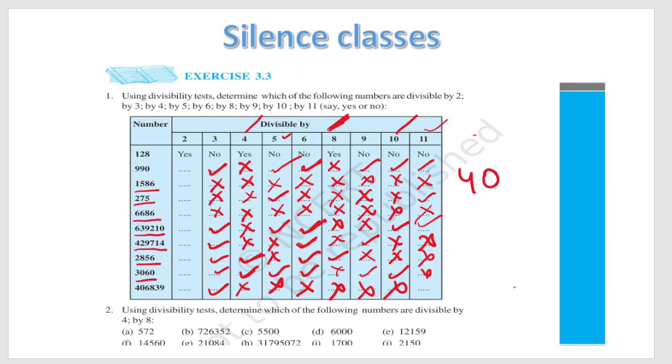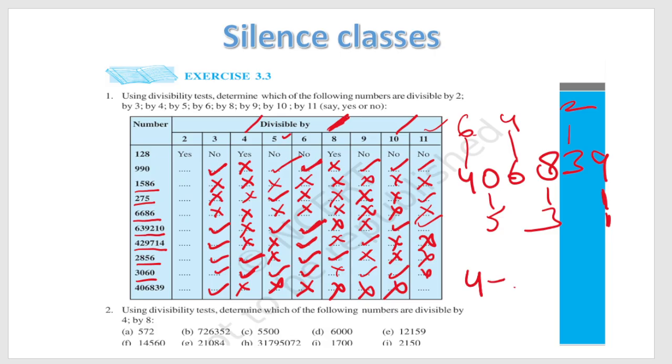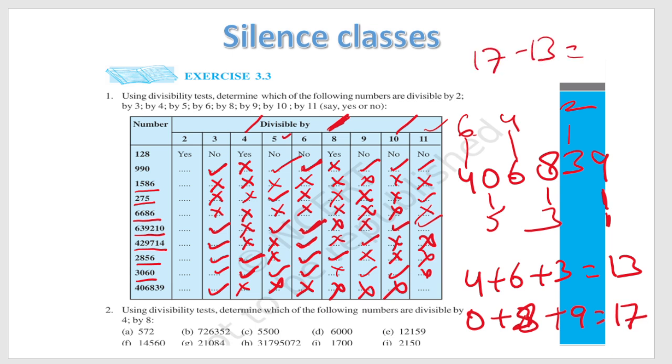Now 406839. 1, 2, 3, 4, 5 and 6. 4 plus 6 plus 3 is 13. 0 plus 8 plus 9 is 17. 17 minus 13 is 4.